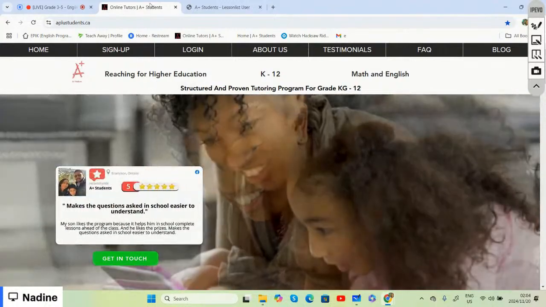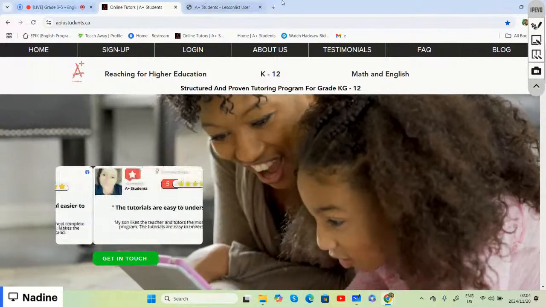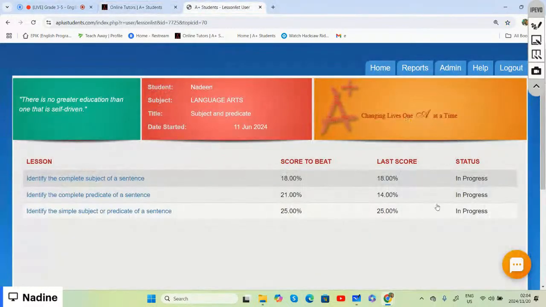We scroll down until we get to the chapter of subject and predicate.